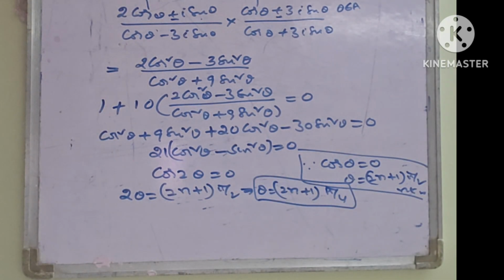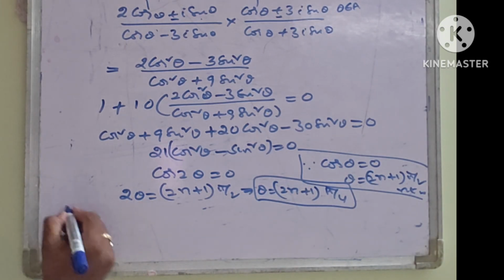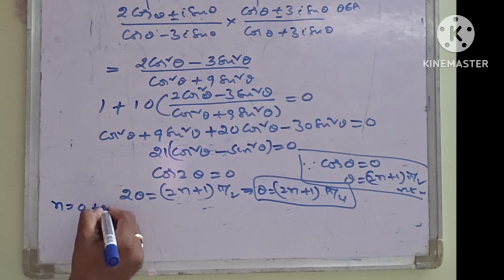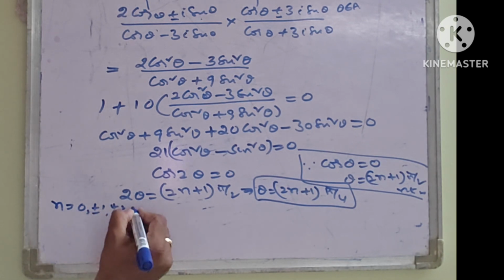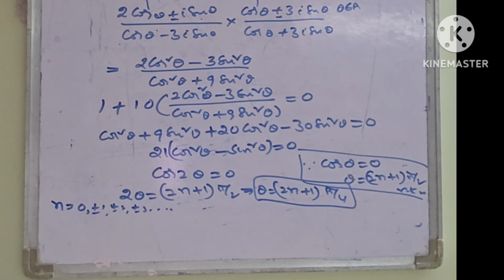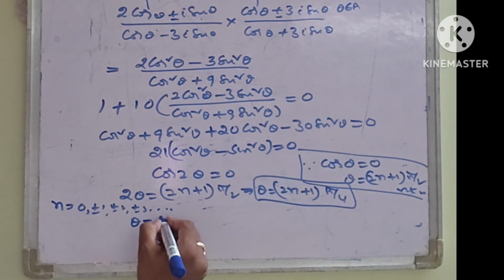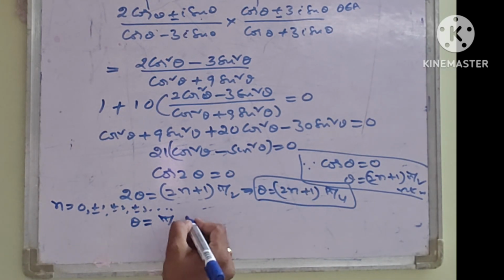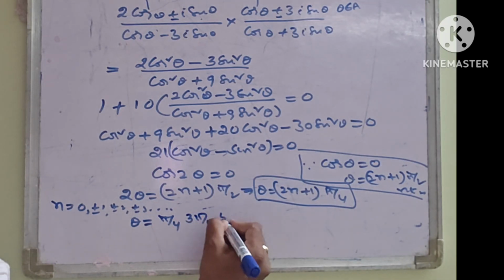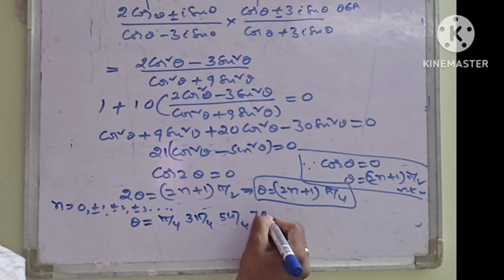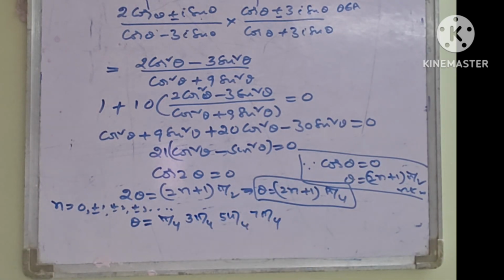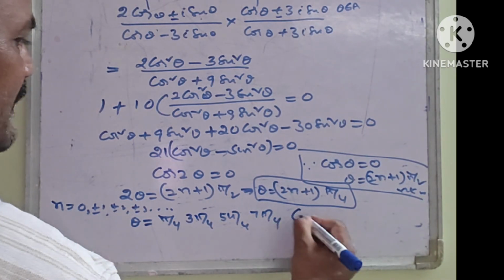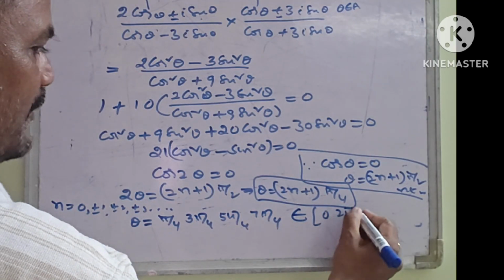Now the bound is 0 to 2 pi. Where n is equal to 0, plus or minus 1, plus or minus 2, plus or minus 3, and so on, the integers. Now n equal to 0 gives pi by 4. n equal to 1 gives 3 pi by 4, then 5 pi by 4, then 7 pi by 4. So these are the theta values that lie between 0 and 2 pi.